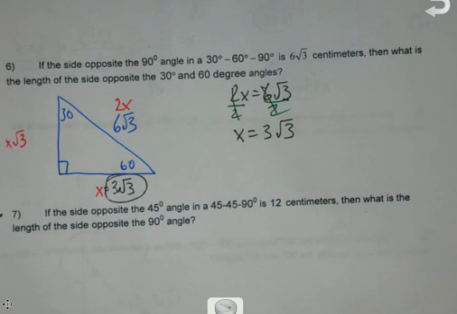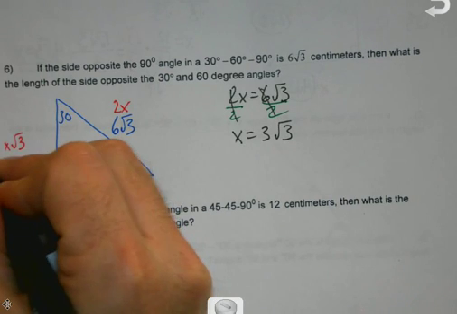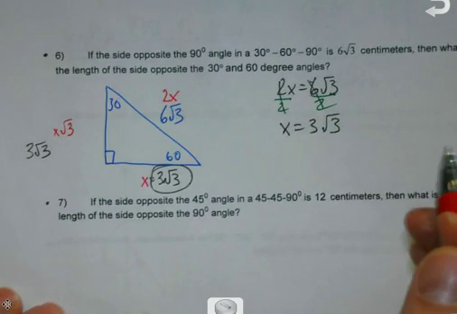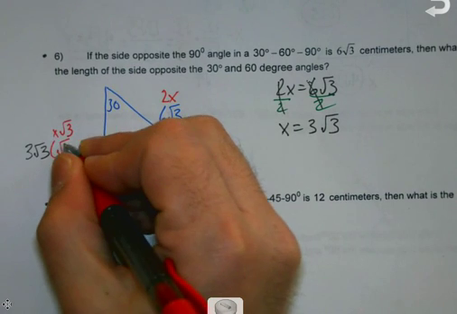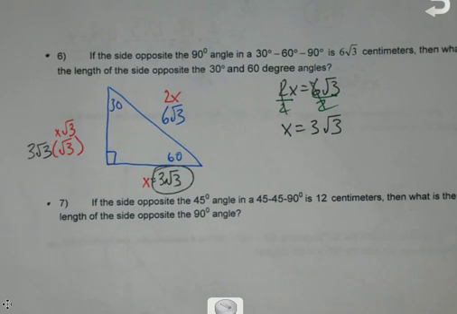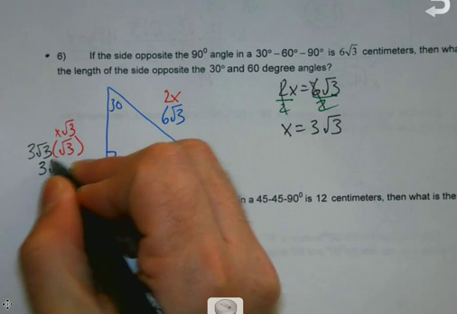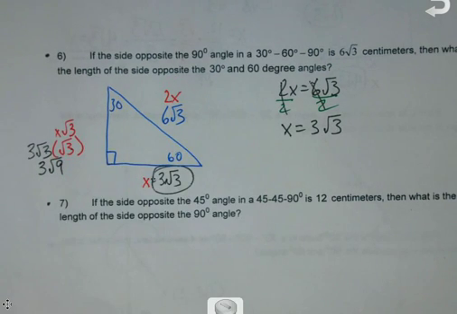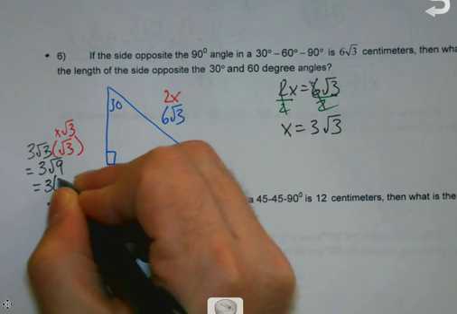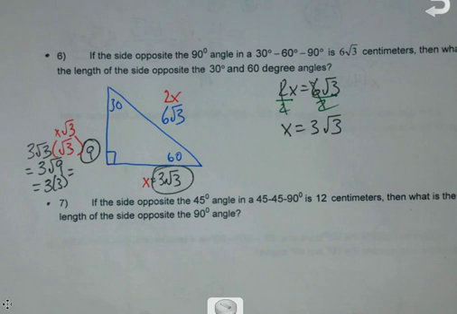But over here, I replace the x with 3 square root of 3, and the other square root of 3 is still here. Square root of 3 times square root of 3 is square root of 9. You're like, wait a minute, that's 3 though. Okay. That side's 9. I'm done.